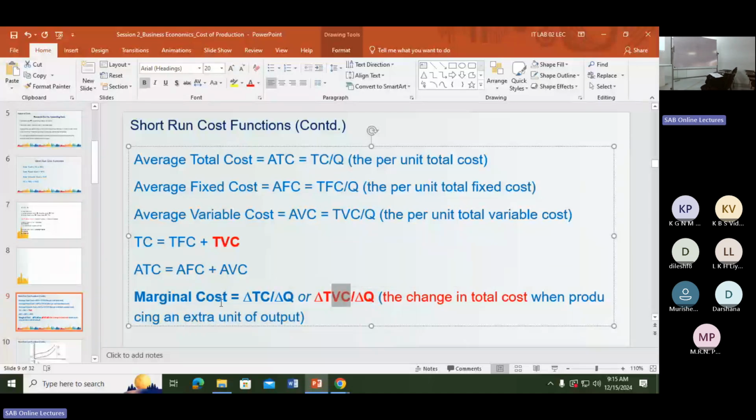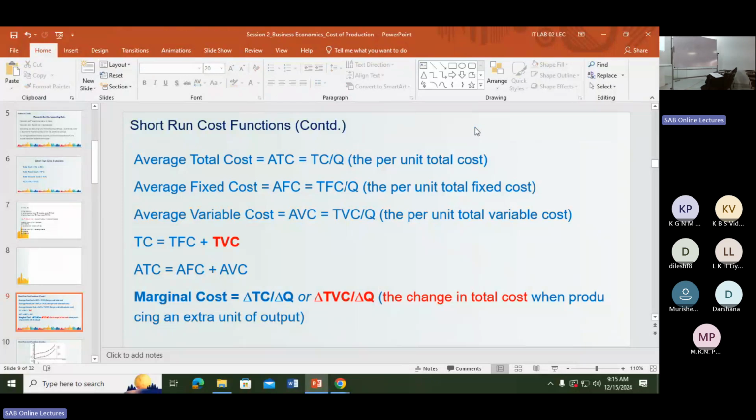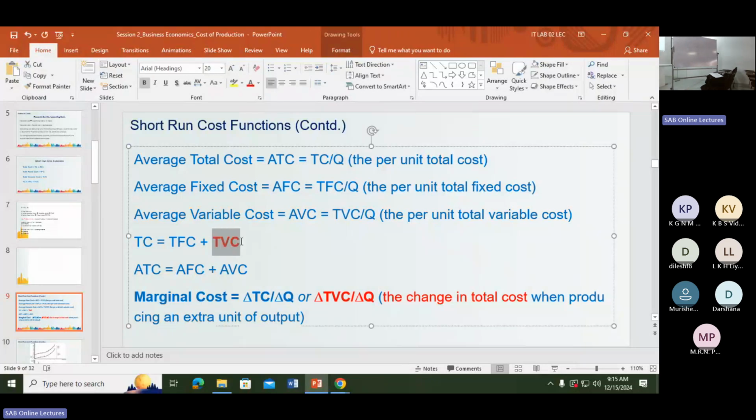We can calculate marginal cost either using delta TC over delta Q or delta TVC over delta Q. Both formulas give the same results, because the only cost component that varies with the output level is total variable cost. Therefore, rather than using total cost, we can use total variable cost to calculate the marginal cost.